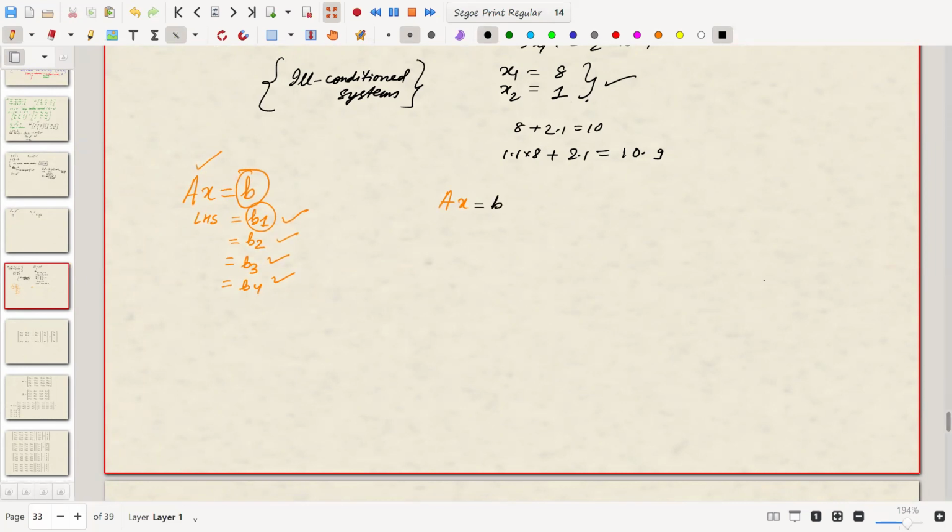Think of solving a system of linear equations of the form Ax equals B. In real world problems, you have to optimize the value of x, the vector x, so that Ax equals B gets satisfied.